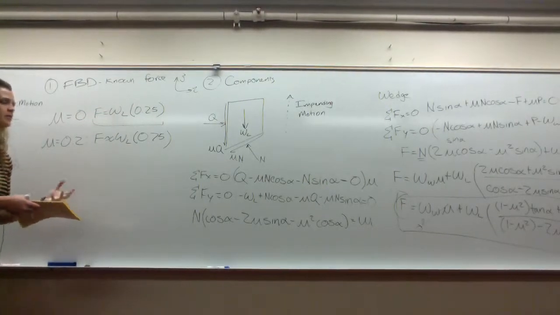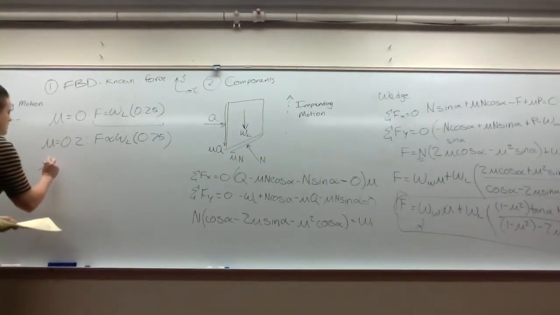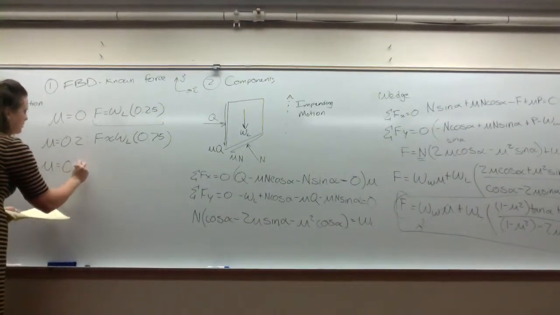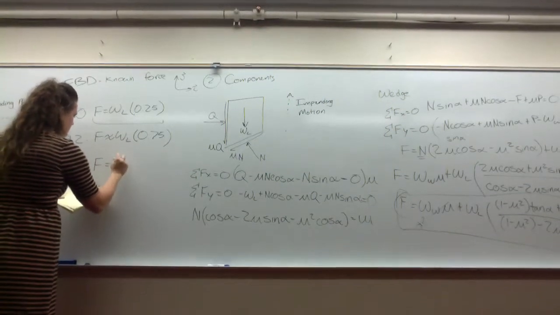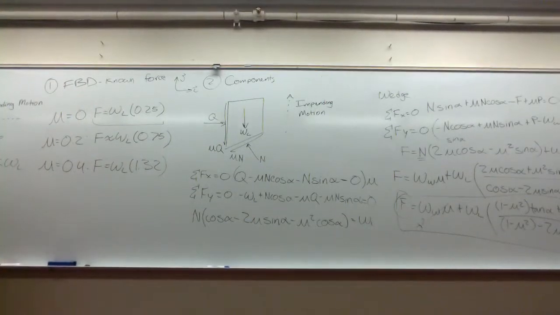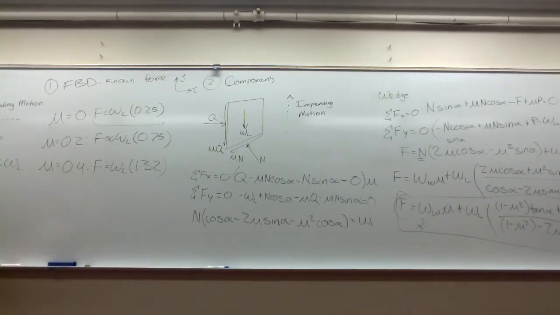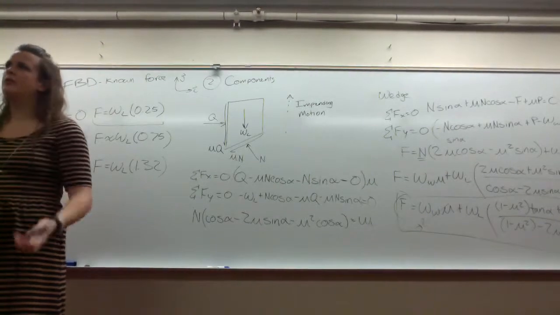But what happens as friction continues to increase? If we have mu equals 0.4, you end up with your force equal to the weight of your load times 1.32. Why is that increasing? Conceptually, as friction is increased, in your own words, what does that mean about our input force F?